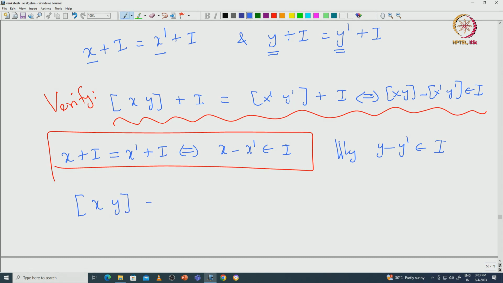You compute the bracket [x, y]. Now what we can do is add and subtract x', and then here again add and subtract y'.